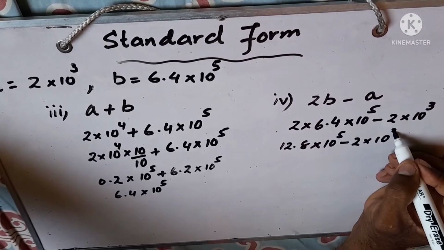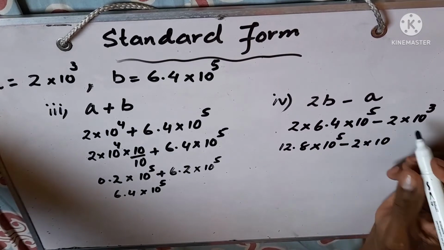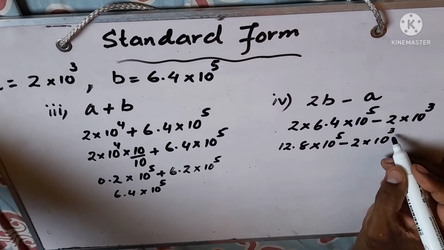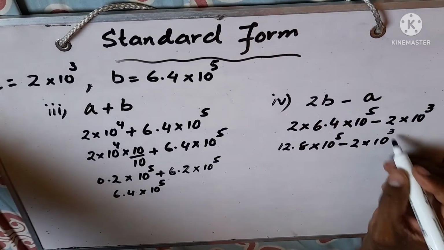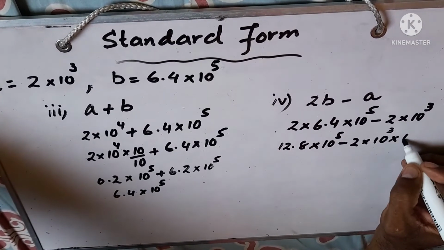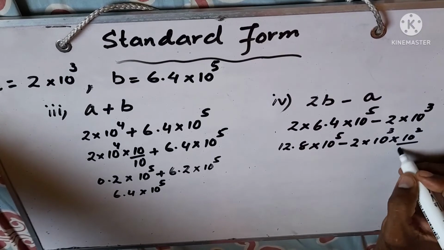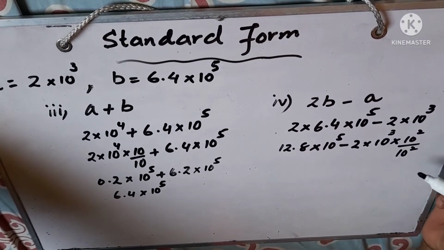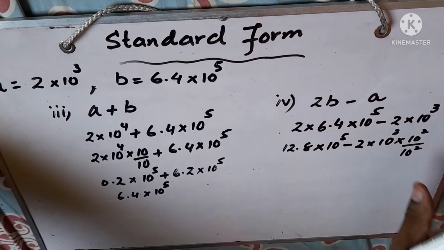What I did in my previous example is I made the power the same. So this time, to make 3 into 5, I will multiply this by 10 squared. I will divide also by 10 squared. As we have already discussed, if I multiply and divide by the fixed quantity, it doesn't change.